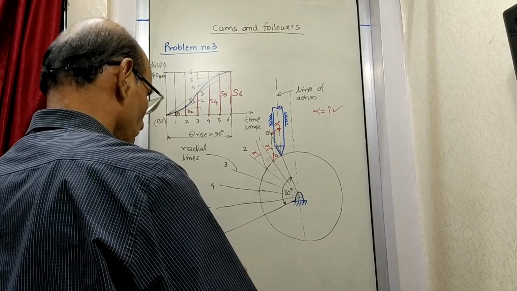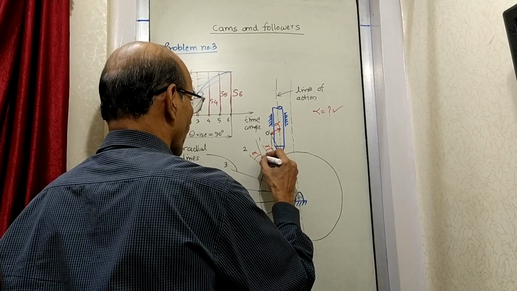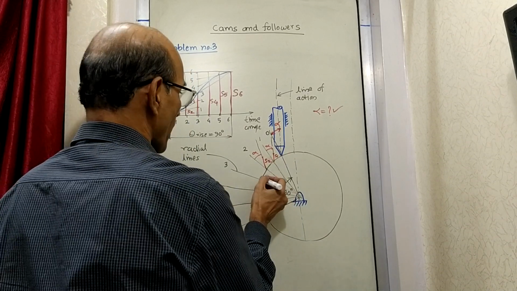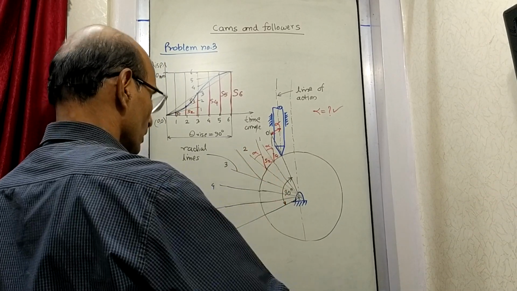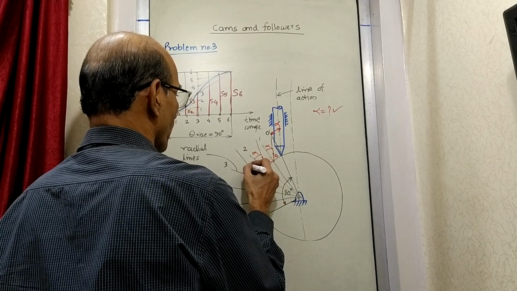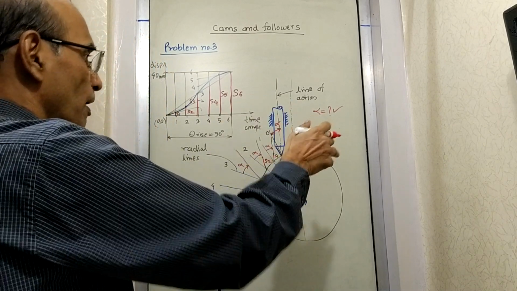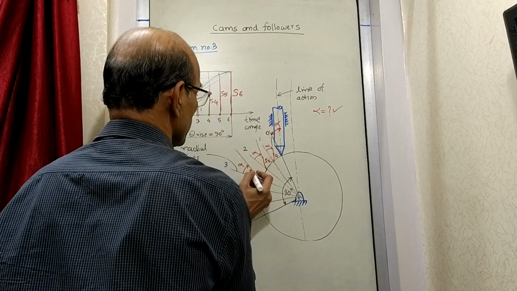And on that we mark S2 now. Again, go back by alpha, draw a line, and on that mark S3, whatever the distance.